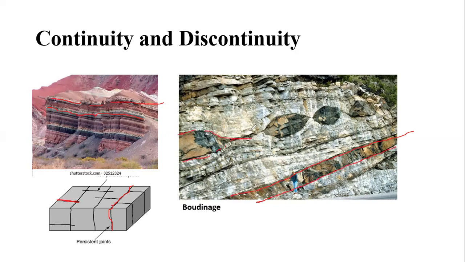Then basically, what is a boudinage? These structures are called boudinage. It's a geological structure where the competent rock layer, these rocks over here, is deformed into sausage-shaped bodies or lens-like shapes compared to the incompetent surrounding rocks. So these rocks are incompetent, and these ones are competent.